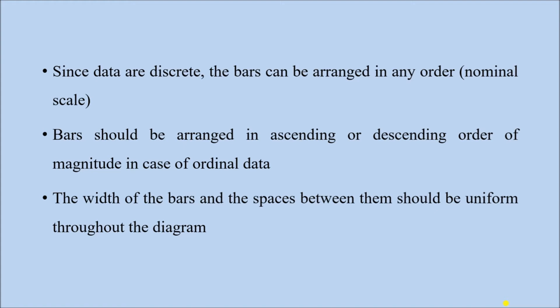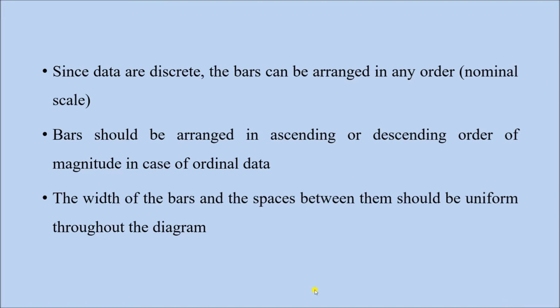Similarly, if we are presenting this data in bar, we can put any bar or any variable before the other variable. So the first bar can be for male and second bar can be for female. Similarly, the first bar can be for female and the second bar can be for male. So it does not matter which order we keep.